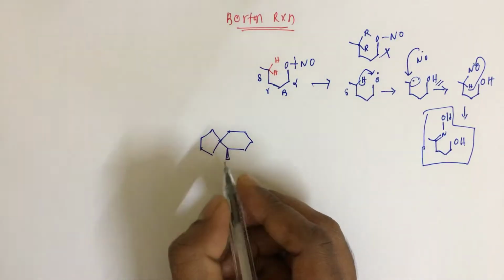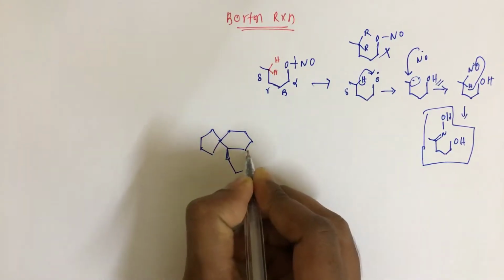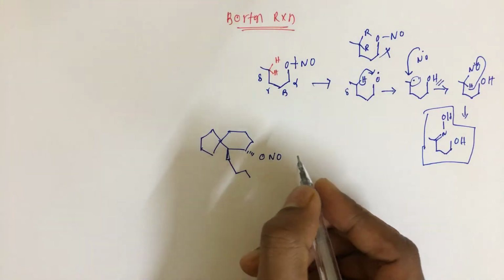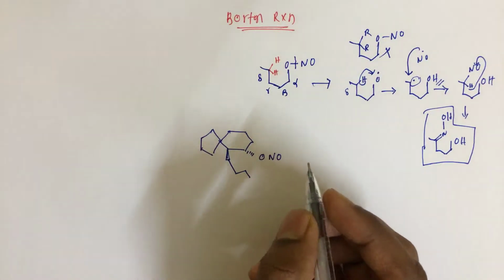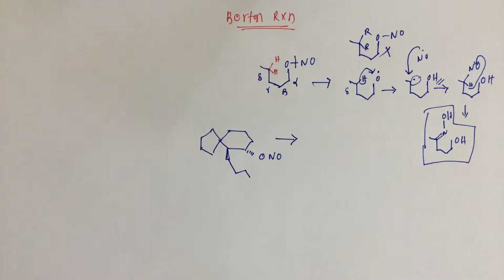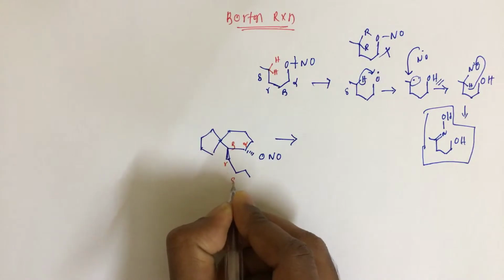I think this is above the plane, and take this as below the plane. So now this is alpha, beta, gamma, delta.